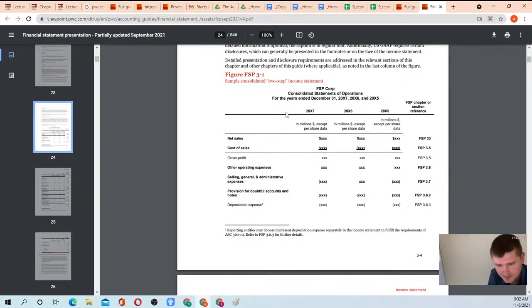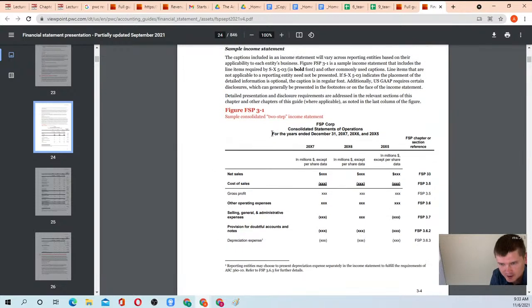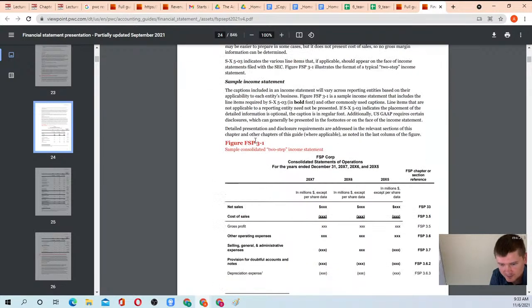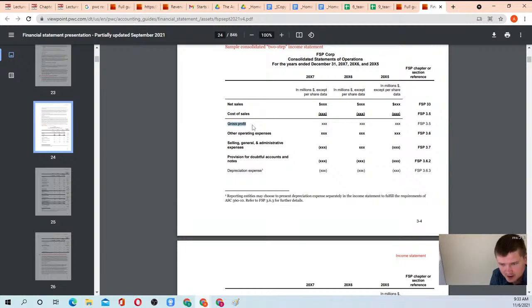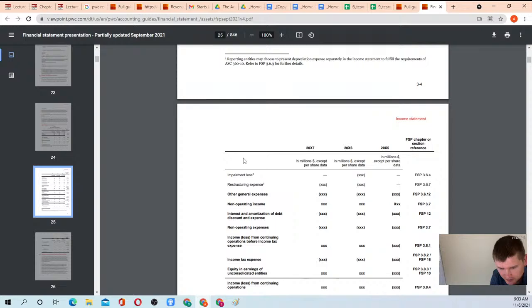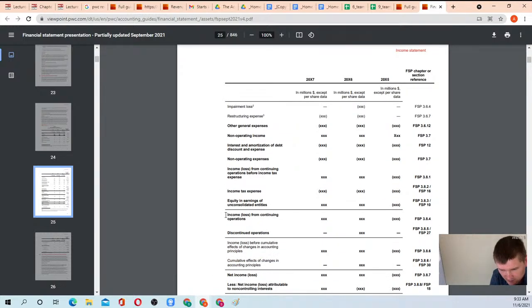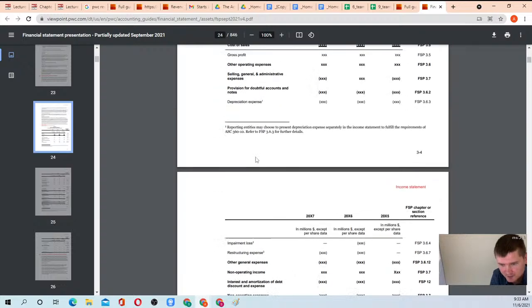Basically, in your income statement, you need to show your net sales and cost of sales and calculate gross profit. However, gross profit is not required. If you look closely, you see that the accounts in bold are the ones which are required. If you read the instruction above, subtotals for gross profit are not actually required, but income or loss from continued operation is required.